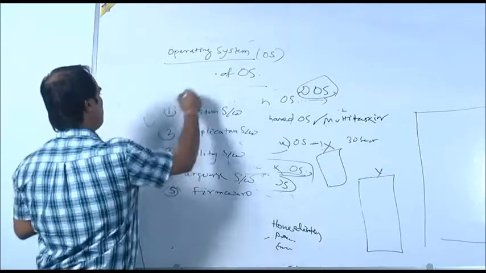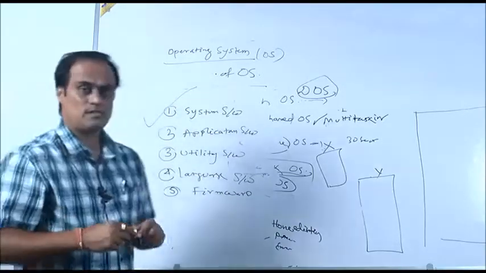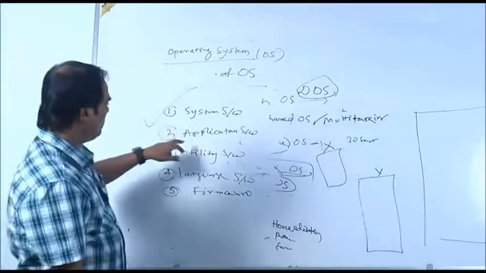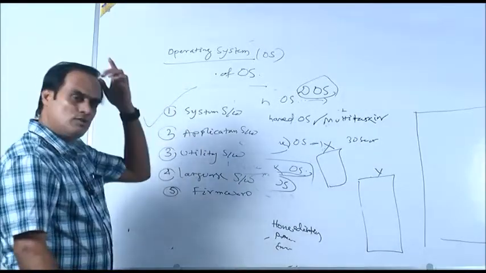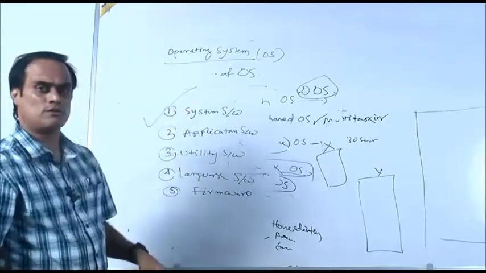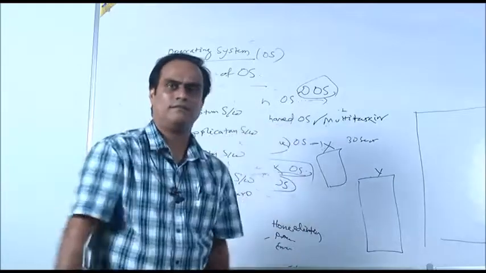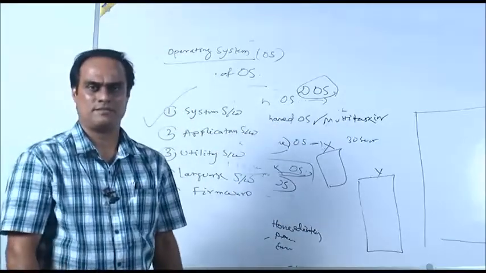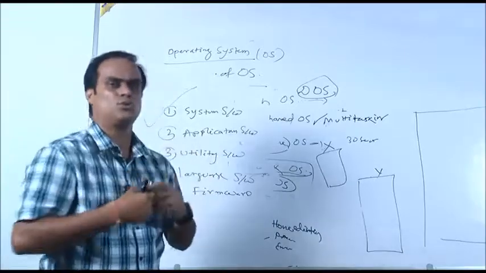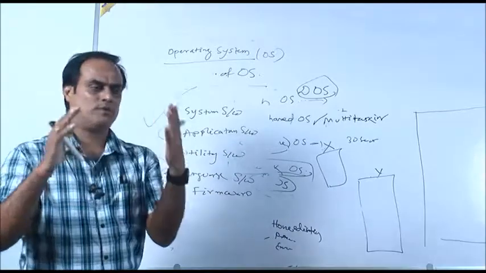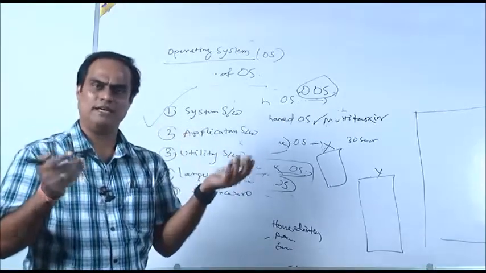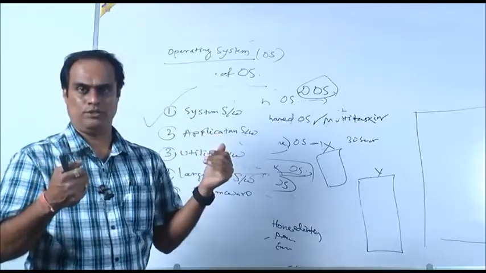I only explained details about system software. Now, what is application software? Apart from system software, we also use software for user related activities, yes or no. Suppose the computer itself is there, now the computer is ready. So, what will the user do with the help of the computer?